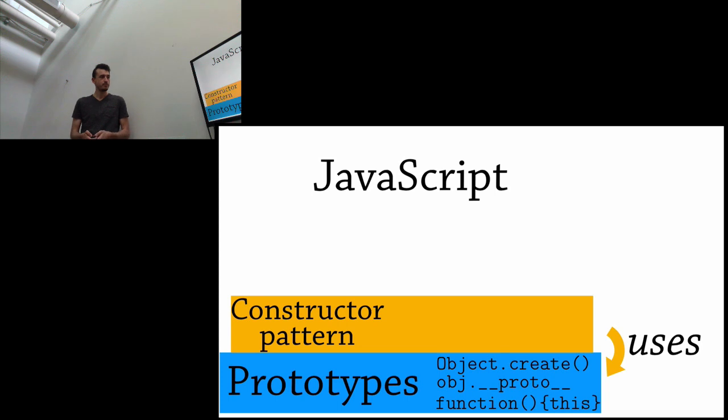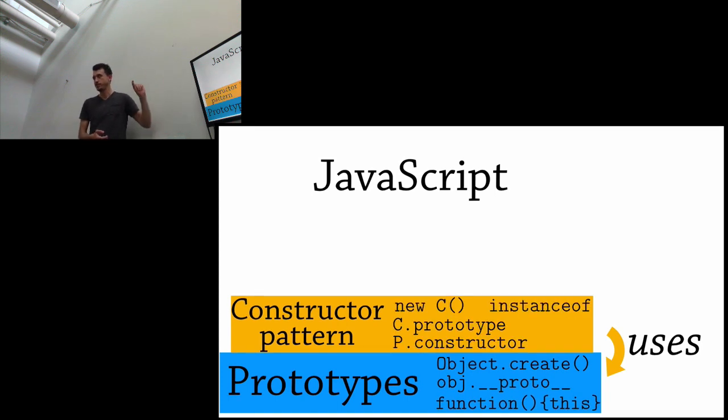And if you know any JavaScript, these are the keywords that you need to look out for. And if you're learning JavaScript, if you see these keywords, they're not at their essence about prototypal inheritance. New is a way to create a class. Like already we're talking about classes.